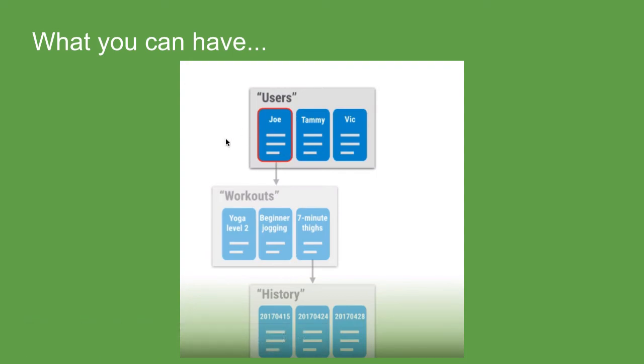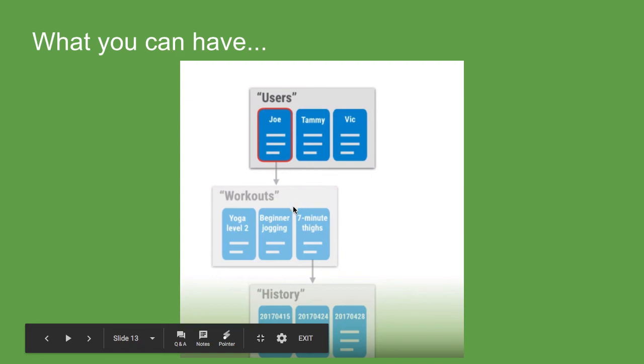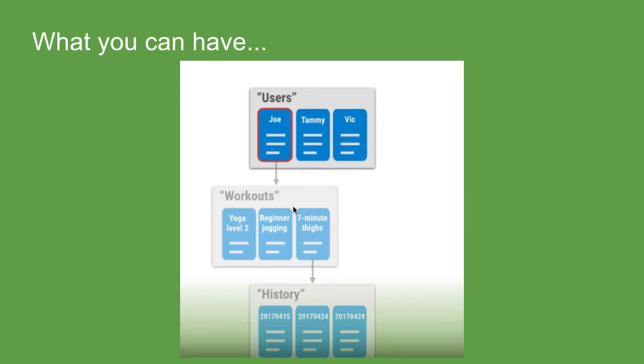With this document-oriented approach, if I just want the name or the ID or the name and the email of Joey, I'll just grab his document and I'll have everything that I need. If I want his workouts, I'll grab his document and this other one with his workouts. It can save a lot of data. That's the main advantage.